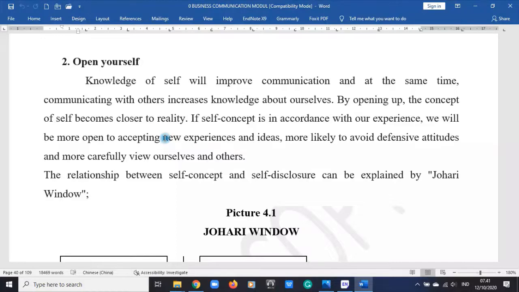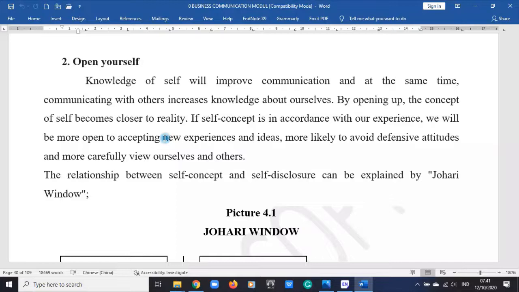By opening ourselves up, the concept of self becomes closer to reality. Anything that we know about ourselves, we can check with others, whether other people will say the same thing about us. If self-concept is in accordance with our experience, we will be more open to accept new experiences, new ideas from other people.